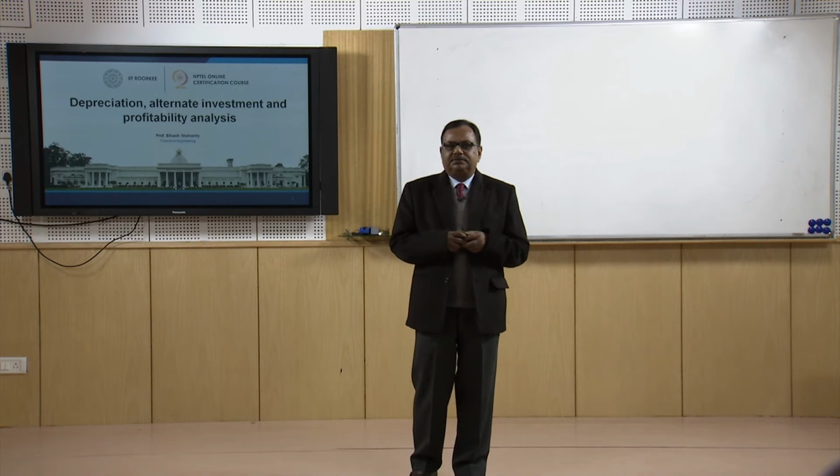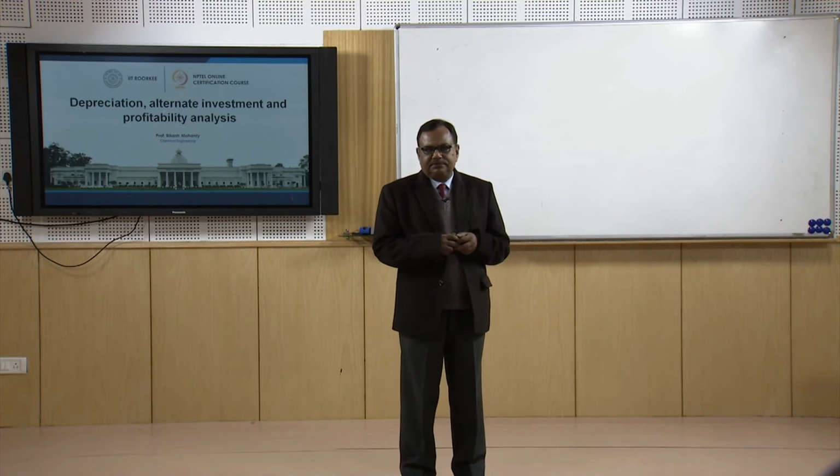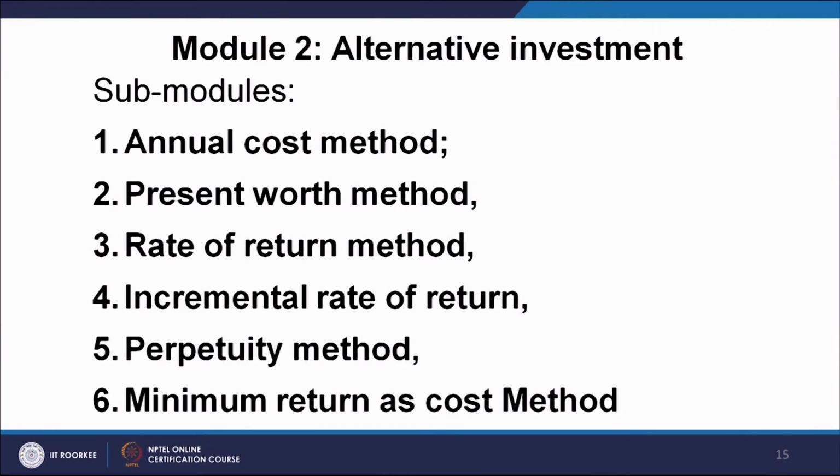Now, in module 2, alternative investment, the sub modules are: 1. Annual cost method, 2. Present worth method, 3. Rate of return method, 4. Incremental rate of return method, 5. Perpetuity method, and the last, 6. Minimum return as cost method.